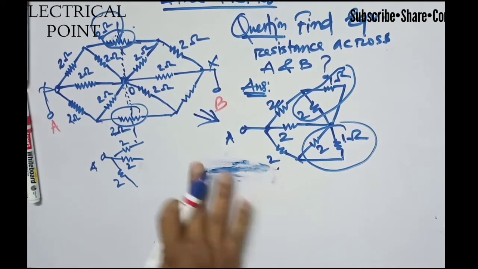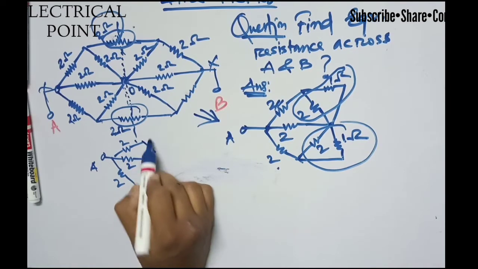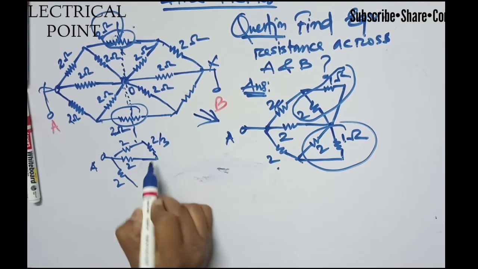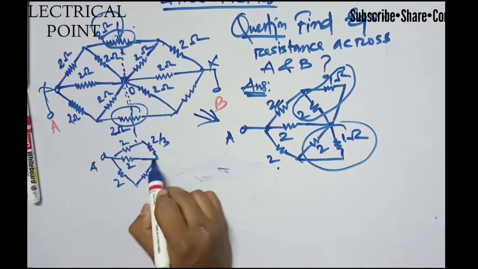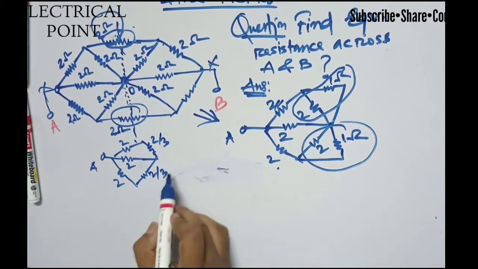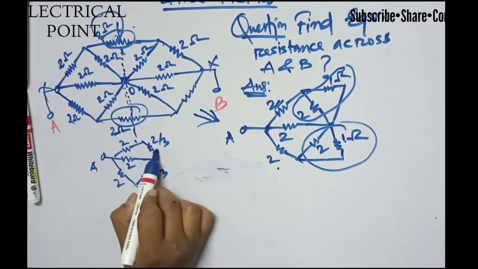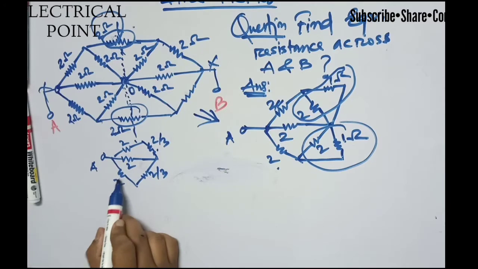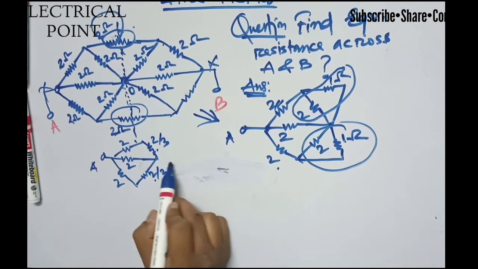So this will become 2 by 3, and similarly we will get this resistance also as 2 by 3. Now you can see these 2 and 2 by 3 are in series, and here also 2 and 2 by 3 are in series.